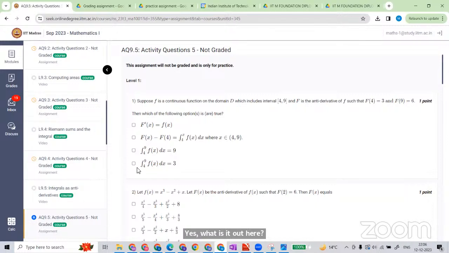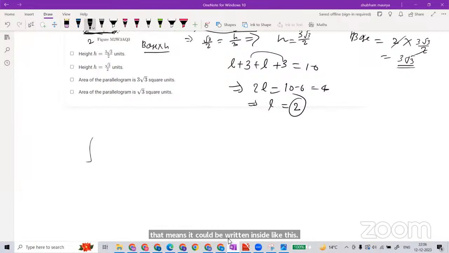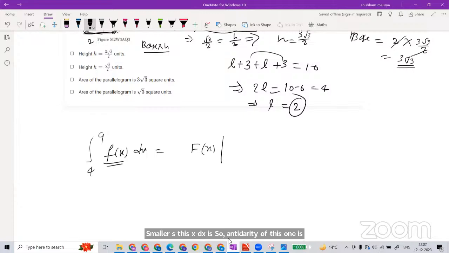Sir, how do I find the integral for this? Okay, so the integral of small f(x) from 4 to 9. It is already given, no? The capital F is the antiderivative of small f. So that means this integration is F(x) from 4 to 9.